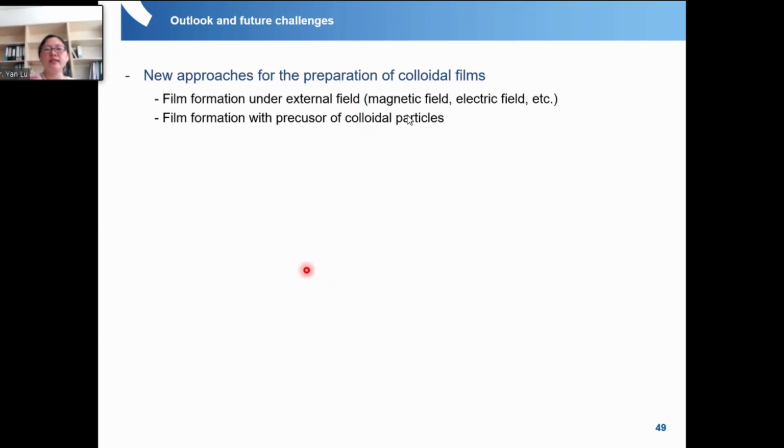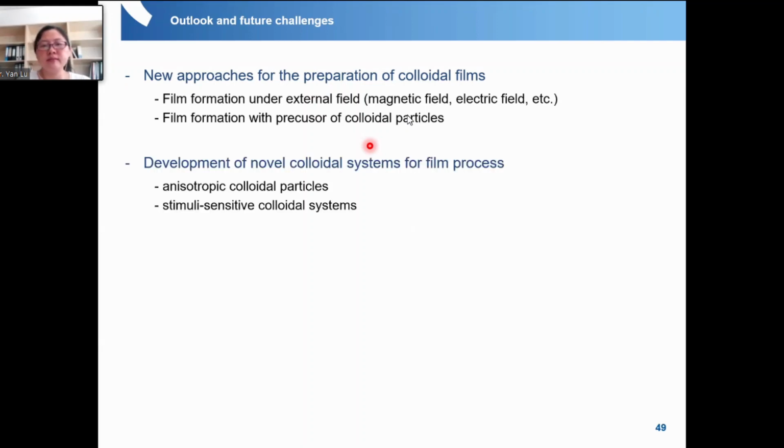And also, you can combine the film formation with the precursor of the colloidal particles. This is especially important when we think about the perovskite solar cell. It's a very hot topic now, and people want to understand how to control the film formation with the perovskite precursors on the surface. Another important aspect is to use novel colloidal systems for film formation.